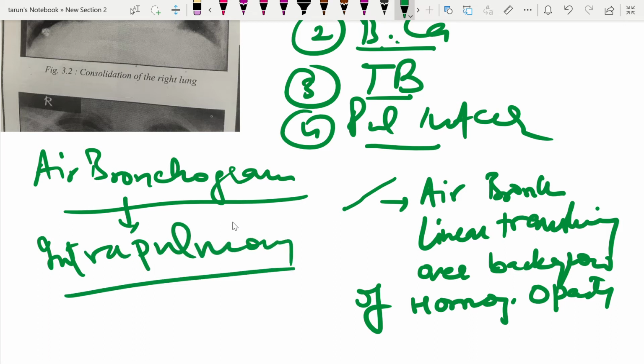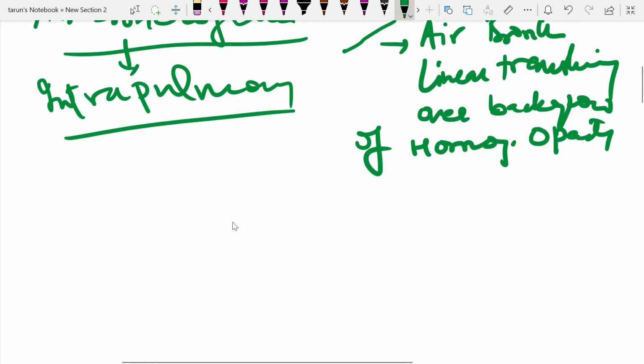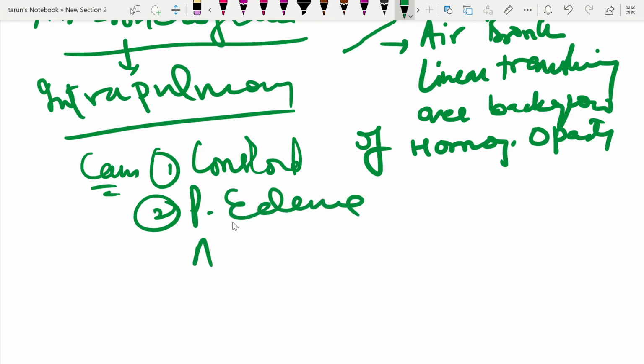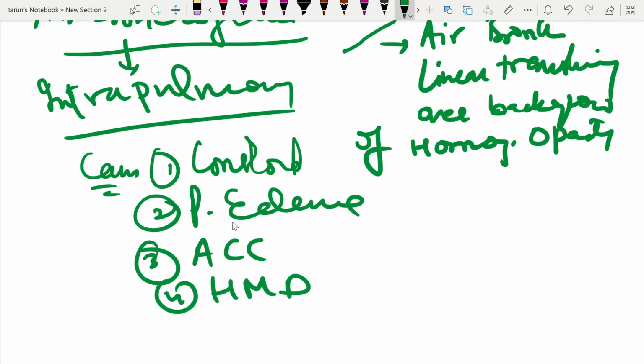So what are the conditions in which you get the air bronchogram? Causes of air bronchogram could be consolidation, pulmonary edema, alveolar cell carcinoma, and lastly hyaline membrane disease. These are the differential diagnoses of air bronchogram.